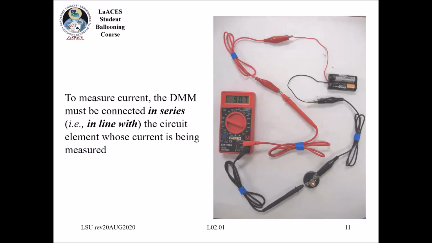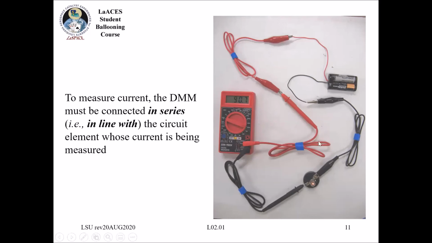So to measure current, instead of being in parallel, you have to have the lead set up in series, or in line, with the circuit element whose current is being measured. So it's really important to have a good grasp of this concept depending on what you want to measure.